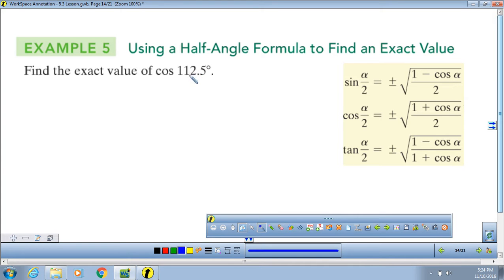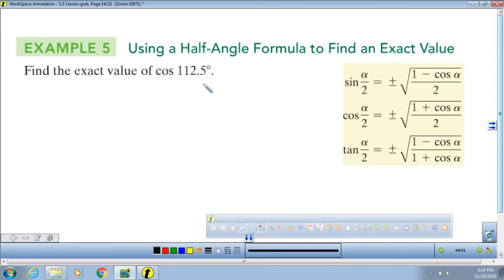That was one of the ways. But in this case, I cannot add or subtract two special angles to get a decimal angle, right? That was one of the strategies that we could use to find the exact value without having to use the calculator. But again, in this case, by adding two angles or subtracting two angles that will equal 112.5, with special angles 30, 45, or 60, there is no such thing.